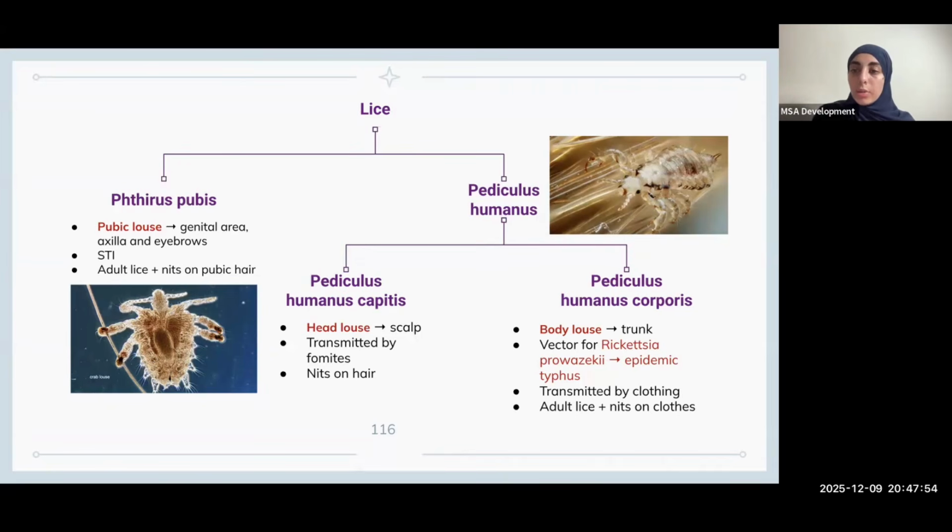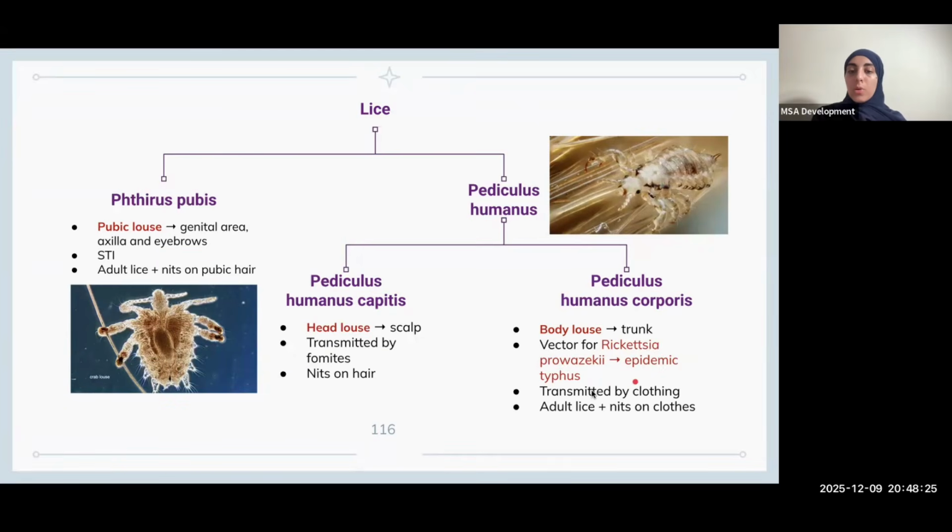In this case, this organism can be a vector for Rickettsia prowazekii, which is a bacteria. Rickettsia prowazekii is the cause of epidemic typhus. Okay, so capitis, the head lice, the scalp hair lice, is only going to cause that. But the body louse, okay, the corporis, can be a carrier for Rickettsia prowazekii, can cause epidemic typhus. So it's more severe, okay?